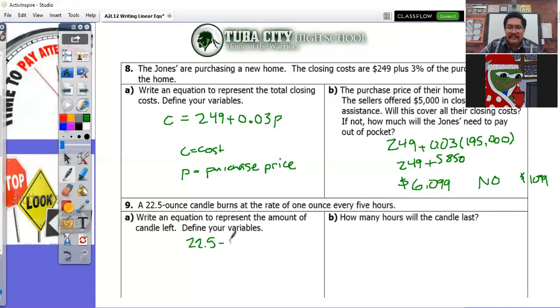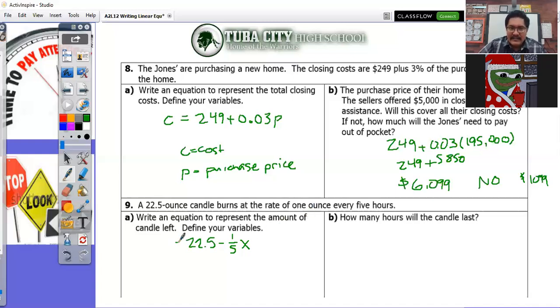So you have to think, what would x have to be in order to burn 1 ounce of candle off? If it was 5 hours, that would burn 1 ounce off. So how much is it for 1 hour? That's 1 divided by 5, or 1/5. Again, that's a tough one. I don't think very many people would get that on their own.